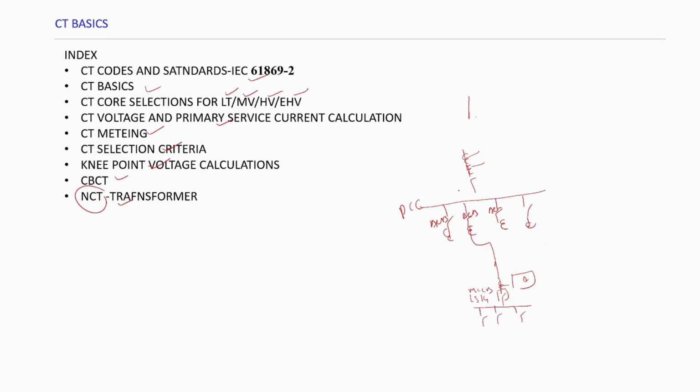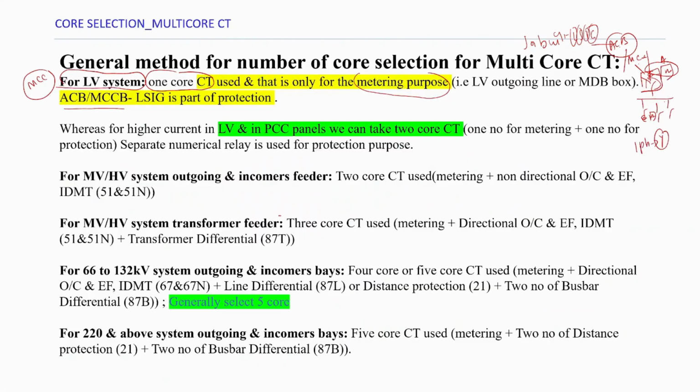Here an ACB is there, but it acts like a disconnector switch. So here I am going to use a 2 core CT, one for the ammeter and the other for protection. I am using only one meter, but here I am using 2 CTs, one for metering and one for protection. That is what we have written here.